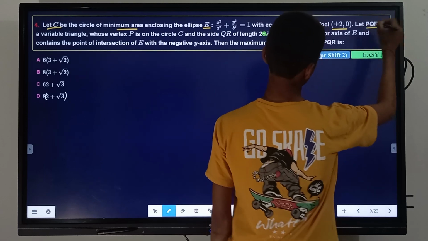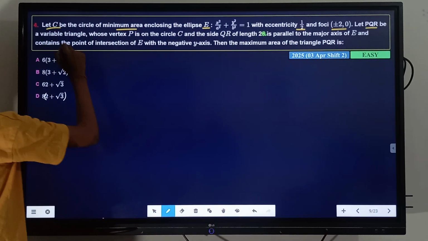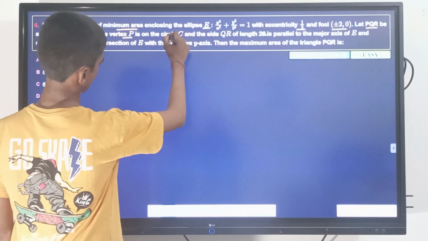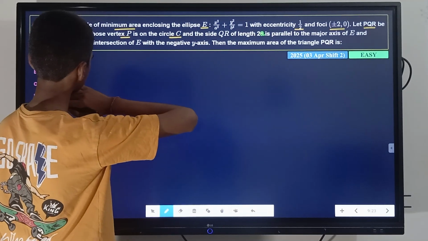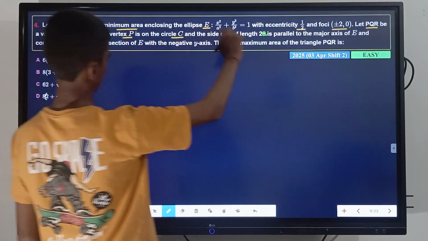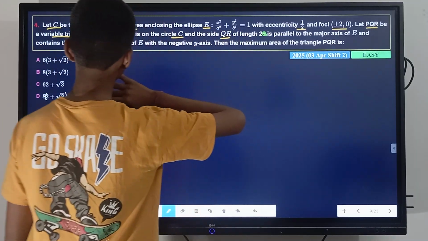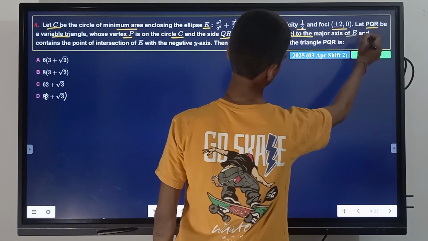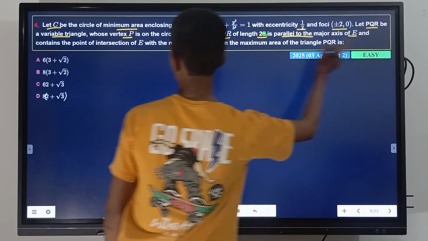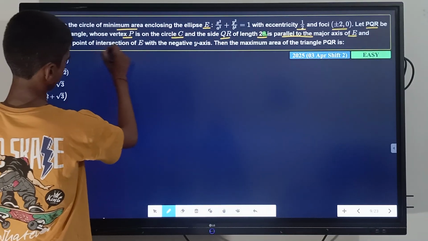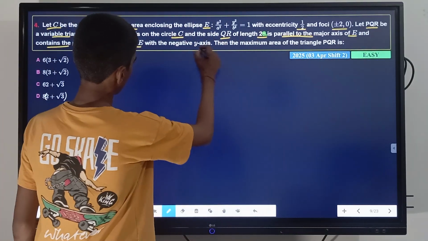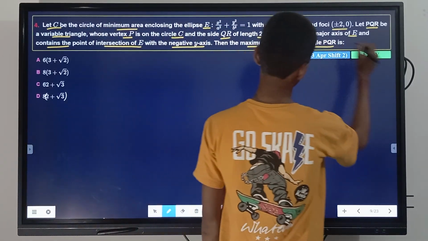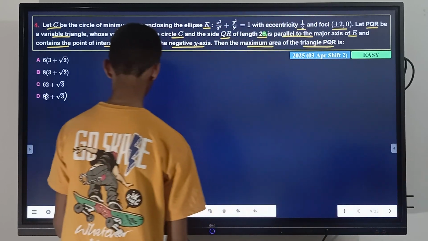Let PQR be a variable triangle whose vertex P is on the circle C and the side QR of length 2a is parallel to the major axis of E and contains the point of intersection of E, side QR, with the negative y-axis. Then the maximum area of triangle PQR is.